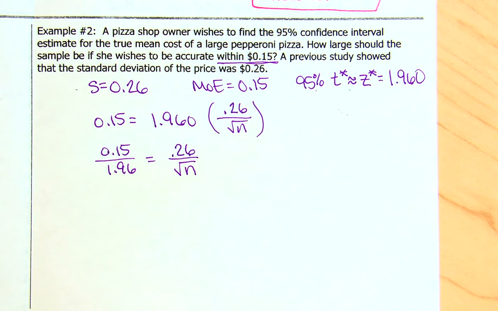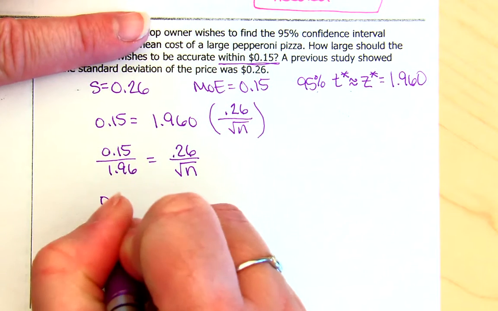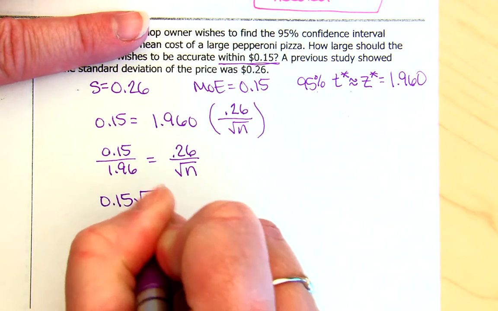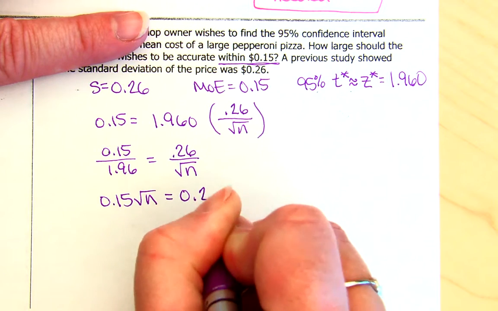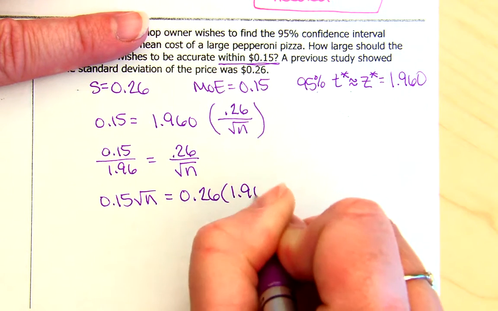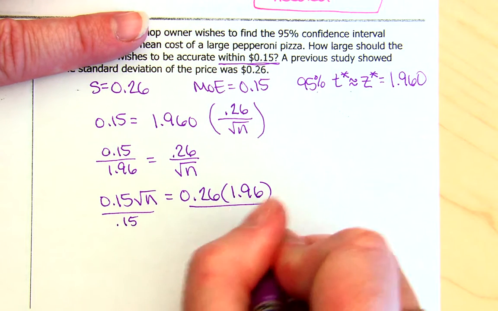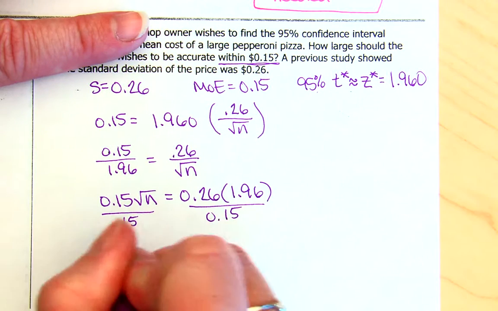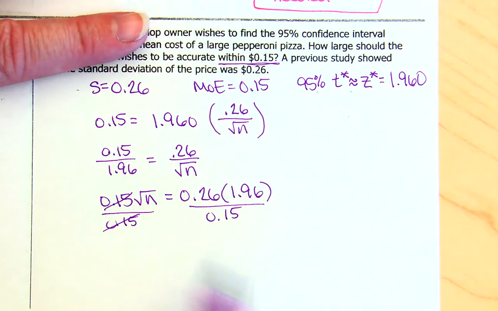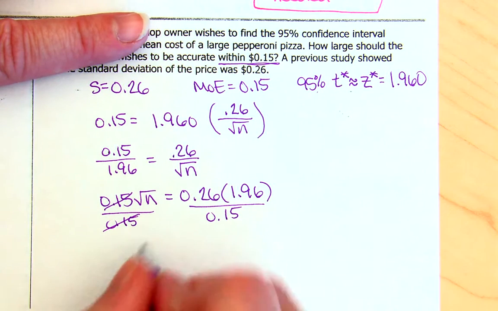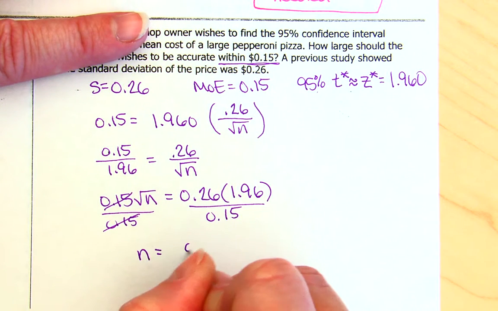Then I'm going to cross multiply to solve that. And divide by 0.15. So I get square root of n is all of this. So to get n, I square both sides.